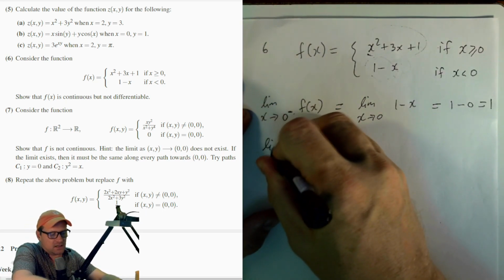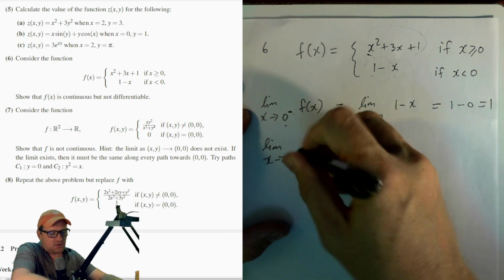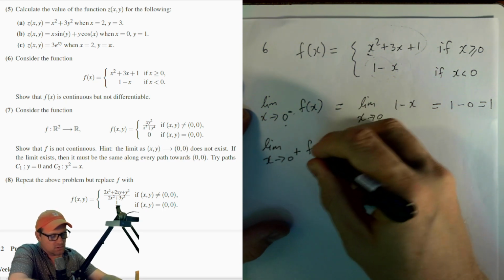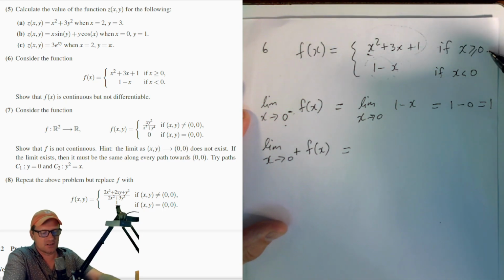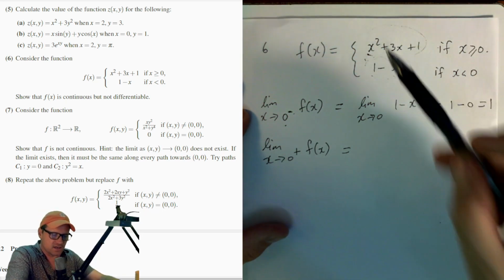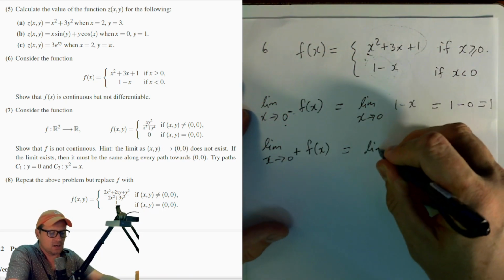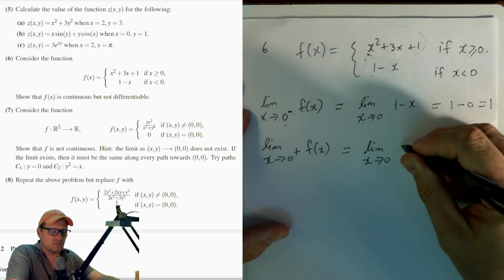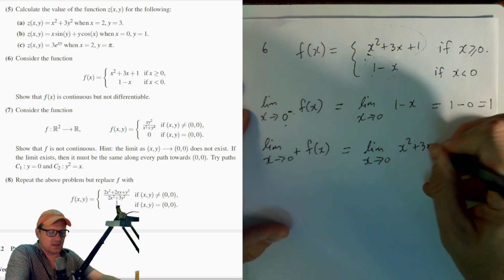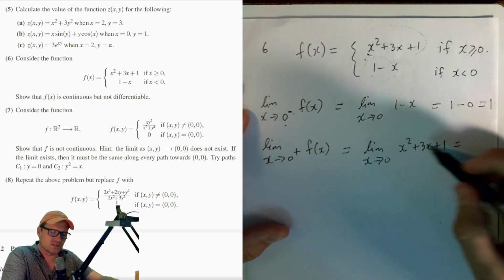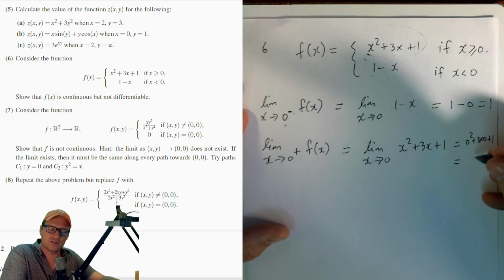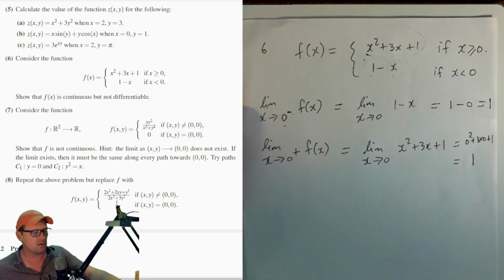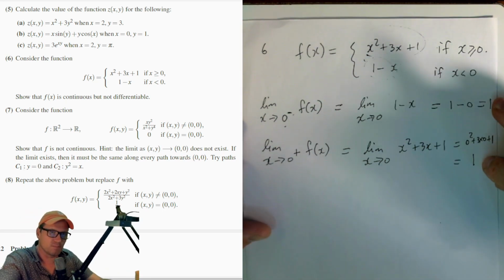Now, the limit as x approaches 0 from above, or on the right-hand side of 0, where the function is governed by x squared plus 3x plus 1. Substituting in 0, we have 0 squared plus 3 times 0 plus 1, which is just 1. Now these two limits are both 1.